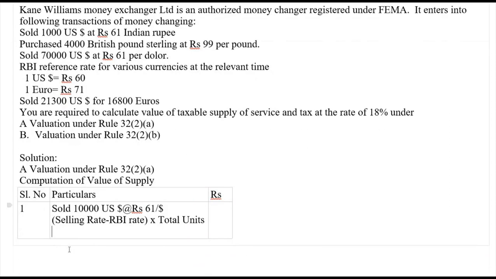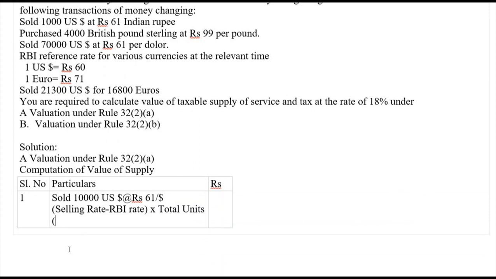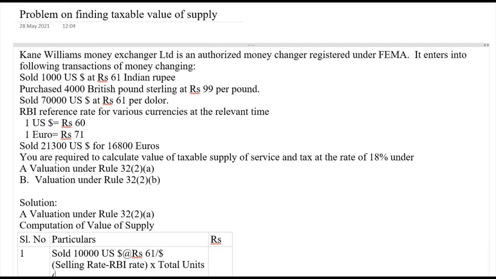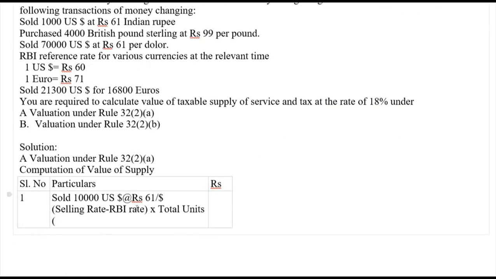So when we substitute the values in this formula, sold at rupees 61, whereas the RBI reference rate is rupees 60, so rupees 61 minus rupees 60, that is 1, multiplied by $10,000 here, so we'll get rupees 10,000 only.